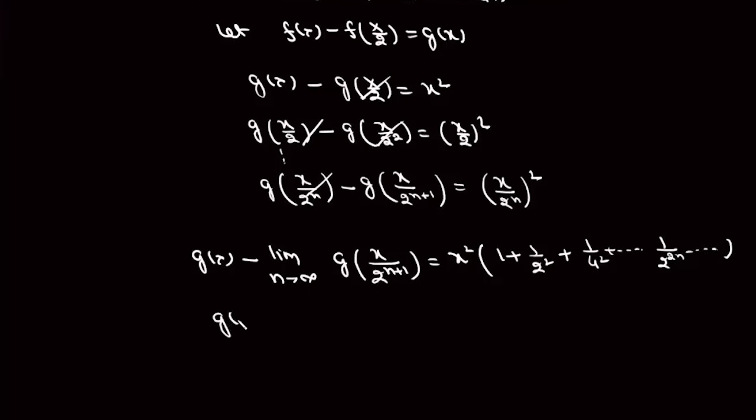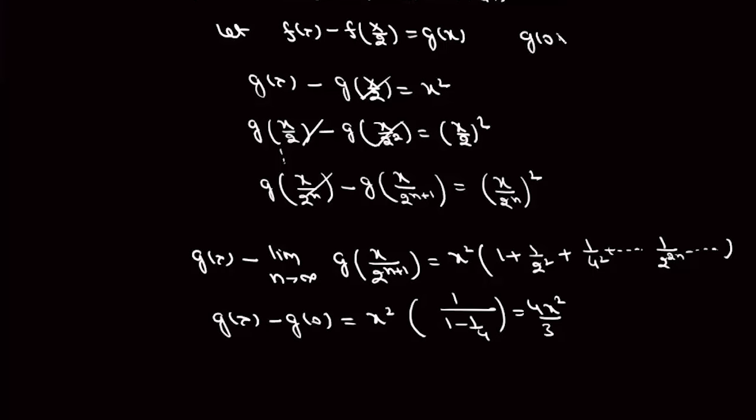So we can write this as g(x) minus g(0) will be x square times this infinite GP, so it will be 1 upon 1 minus 1 by 4, which is 4x square by 3. Now g(0) is f(0) minus f(0), which is 0. So we'll get g(x) as 4x square by 3. Now g(x) is f(x) minus f(x by 2).